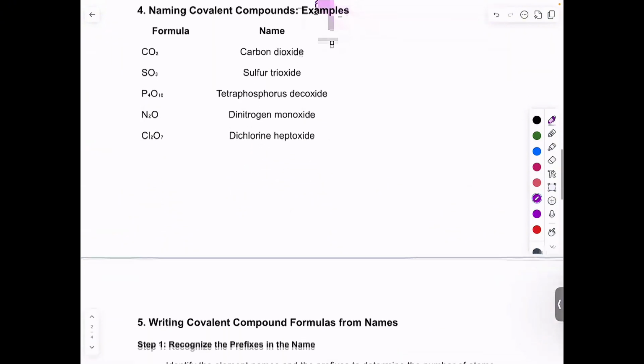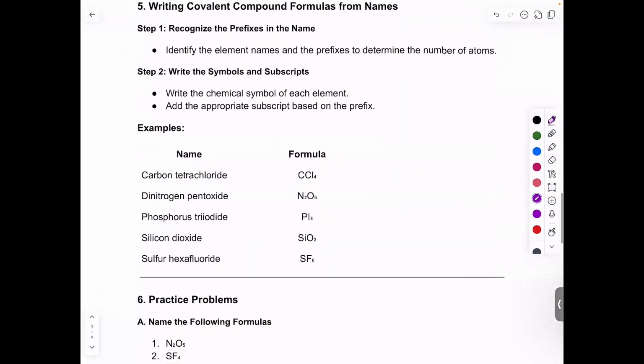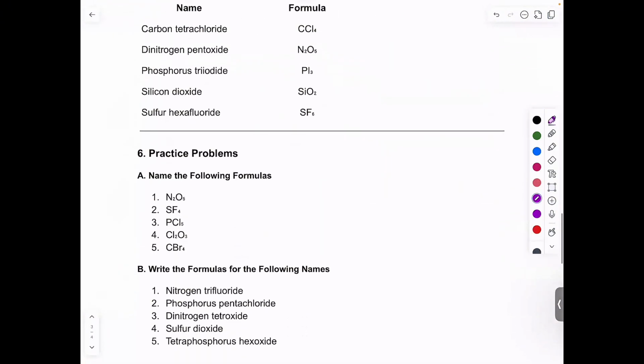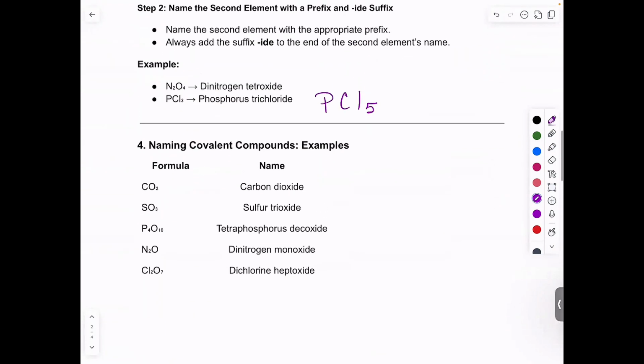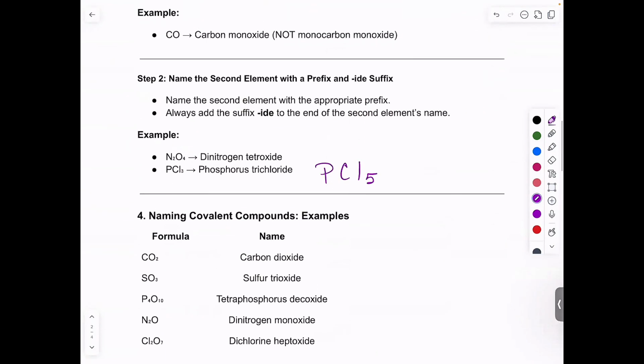I don't remember putting that in my examples. Okay, a closely related compound would be PCl5, and we would name that phosphorus pentachloride.